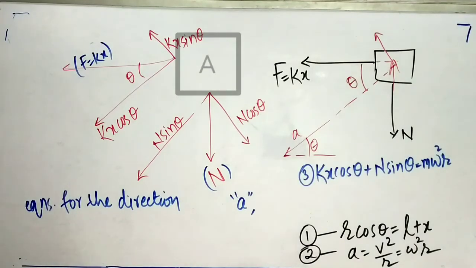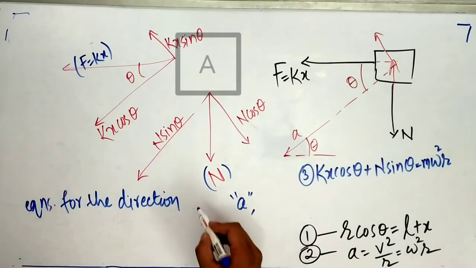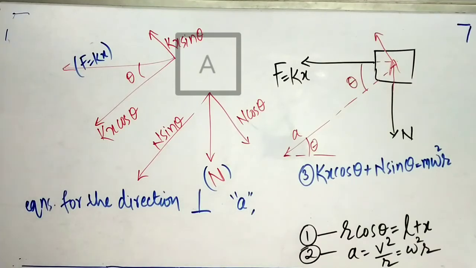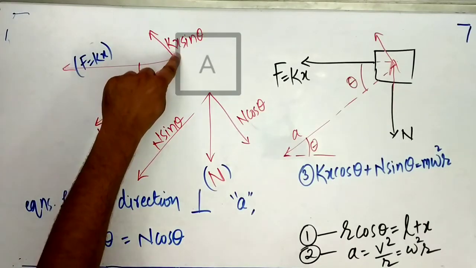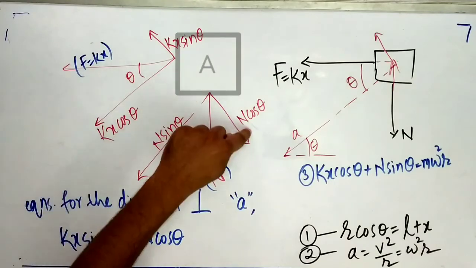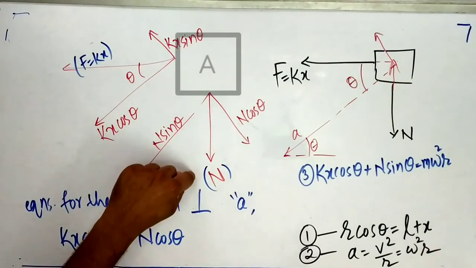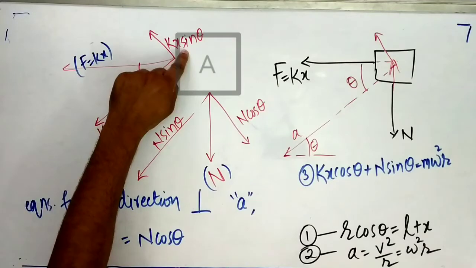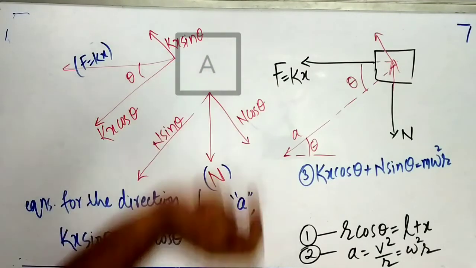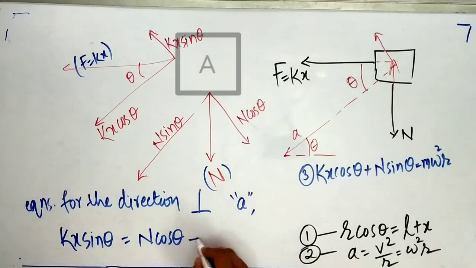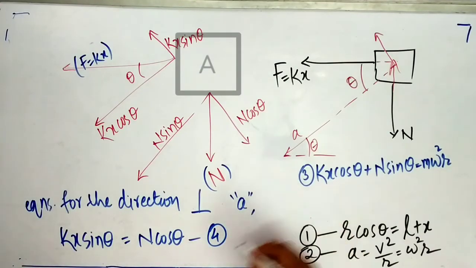Now we will talk about the equation for the direction which is perpendicular to a. It's going to be Kx sin theta is equal to n cos theta. Kx sin theta, the component of Kx, and n cos theta, the component of n, are both equal. We have acceleration only in this direction, so these two must be equal. We'll name this 4.